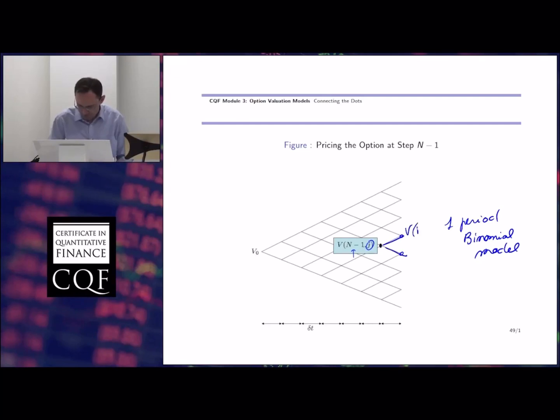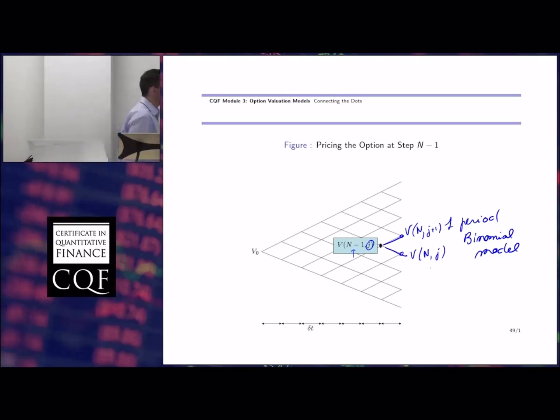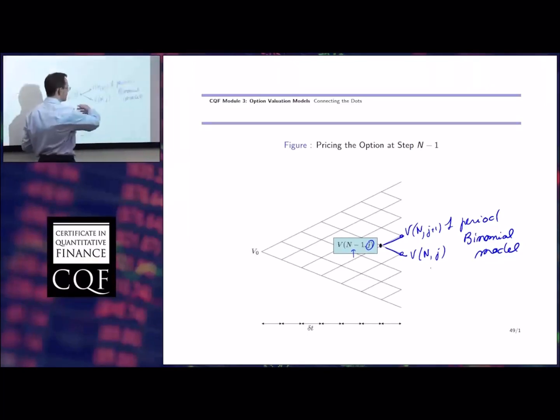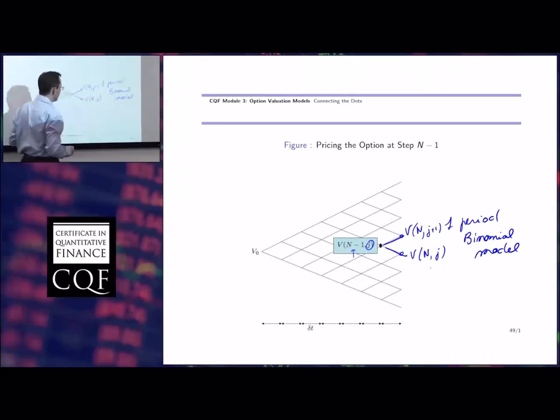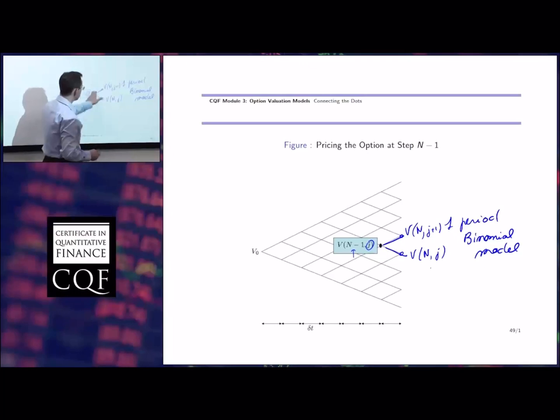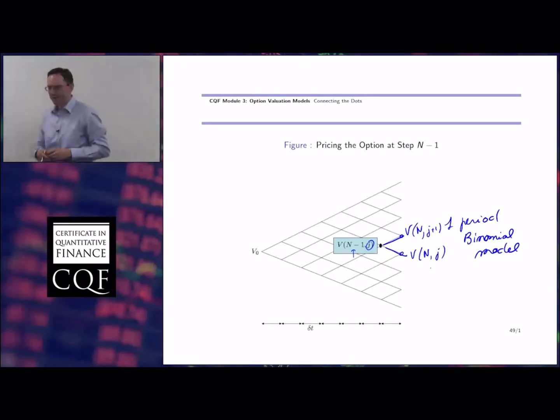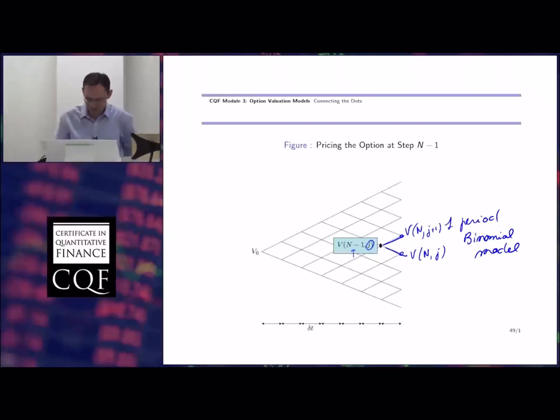So we'll need the payoffs V(n,j+1) and V(n,j). Now, to make things a little bit easier for us, we're going to use the risk-neutral implementation. This way we are dealing with expectations, the discounted expected value of our payoff.